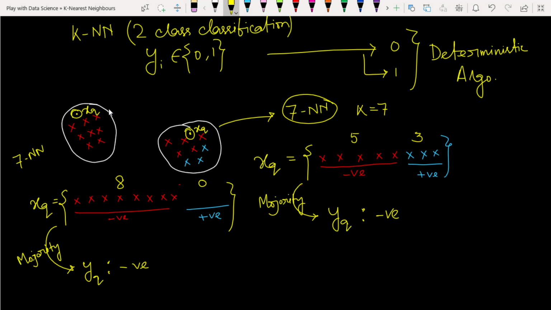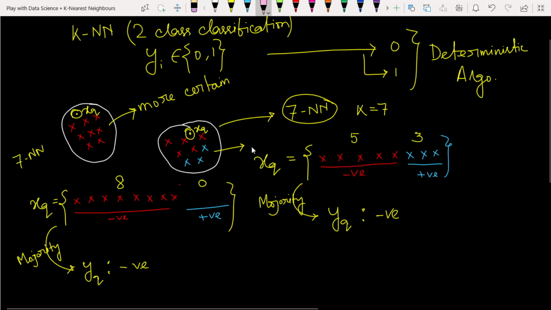So in this region we are more certain of the negativity of the output label of this query point, but in the other region we are less certain.